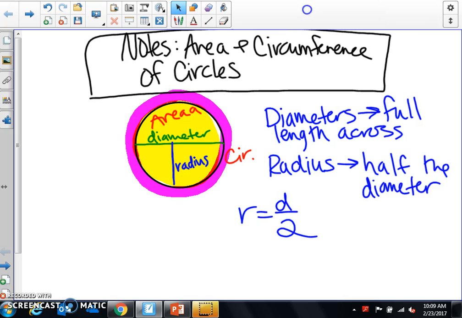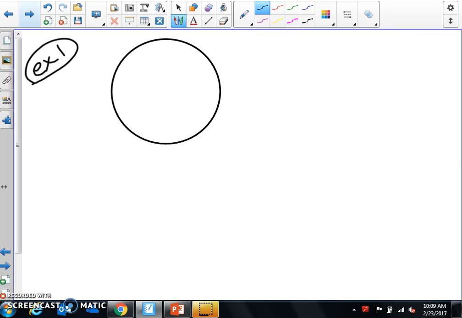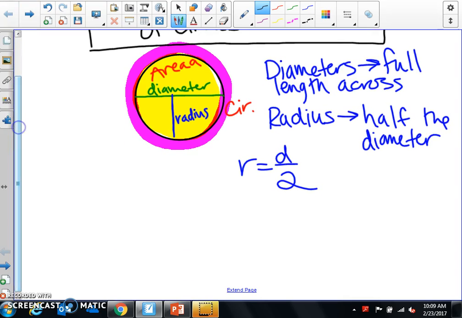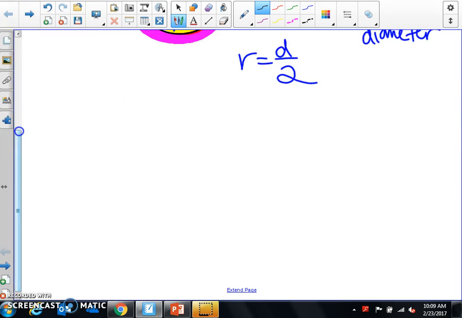Alright, so let's get into it. Let's say this time they give us this. So, going back, actually, go back to the last page. Sorry. If you look on your formula sheet, which you should definitely have printed out by now, area equals pi r squared. And the circumference equals, there's actually two formulas on there.